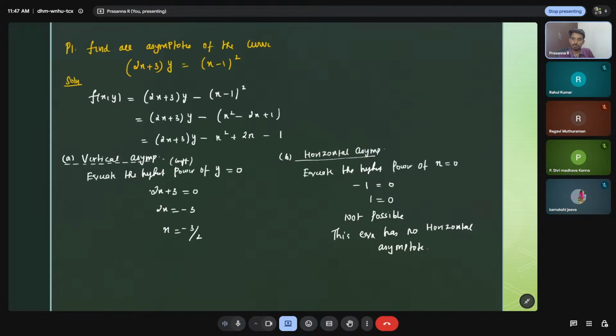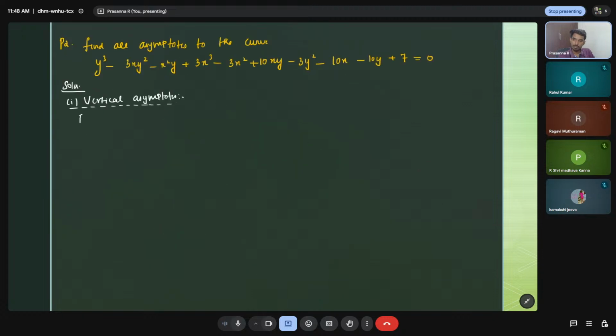For vertical asymptote, you have to equate the highest power of y to 0. Now what is the highest power of y? Here we have y cube, and then we have y square. There is only one y cube term. So equate that to 0. That means it has no vertical asymptotes.